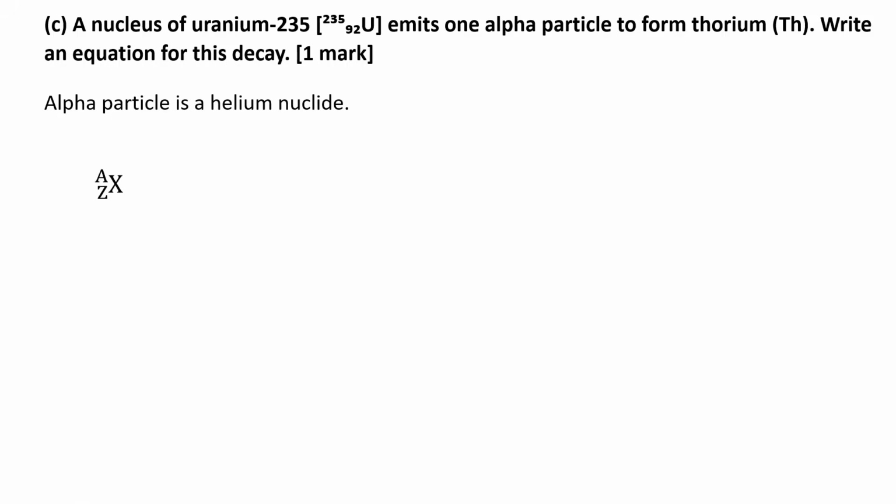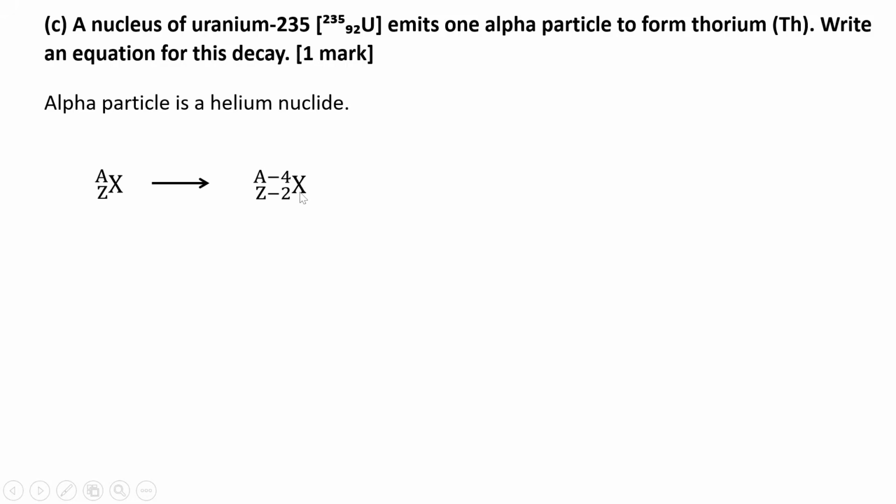The general equation, like I showed you in the previous revision, is that if you have a parent atom undergoing decay by emitting an alpha particle, it will give you a daughter particle.